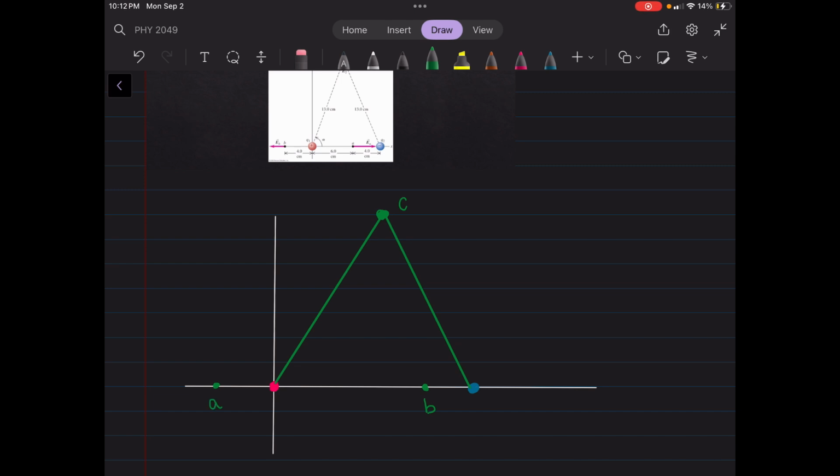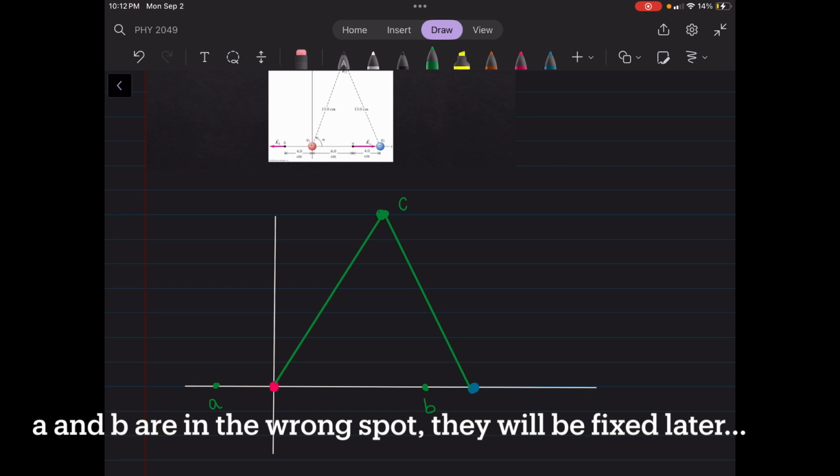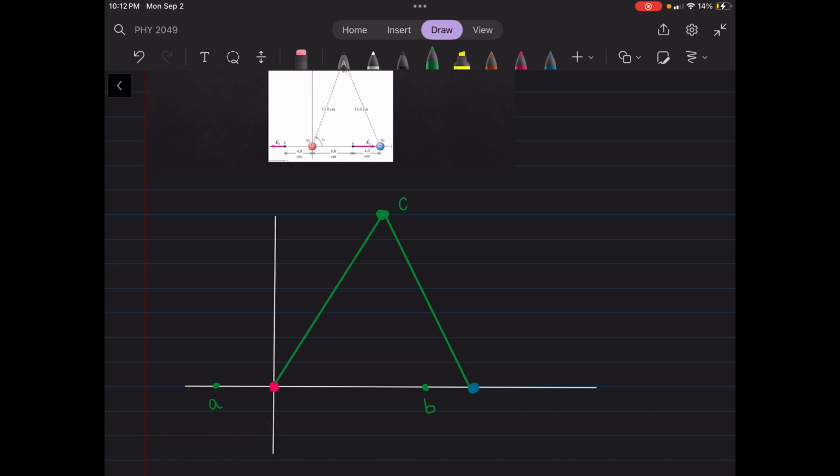What I want to do first is sketch our vectors, because we can always do that right away using the rules for electric field lines coming from positive and negative charges. Actually, before I do that, let's write a quick list of what we need. We need to calculate a few things.